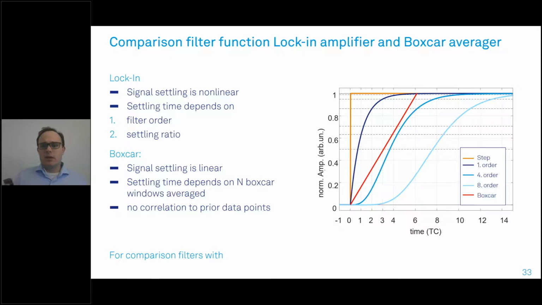But you can tune it in a way that the boxcar overtakes a higher order filter of a compared lock-in. And there is a big advantage there, mainly if you want to go to very high settling accuracy of the step response.